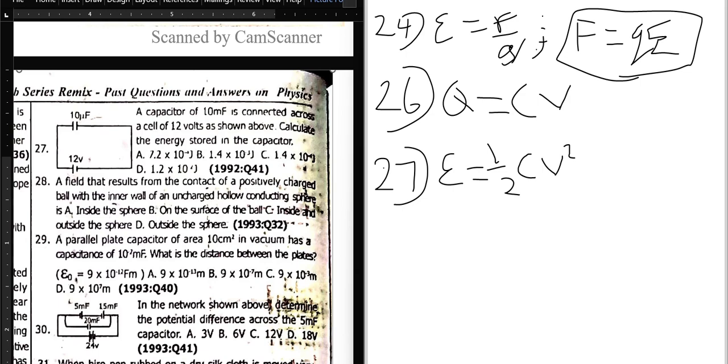So you square your V, multiply by your capacitance, then multiply whatever you get by half. You multiply your V by itself, that is, you square your V, you multiply it with your C which is 10, and then you take half of whatever you get. That is how you get your energy stored.